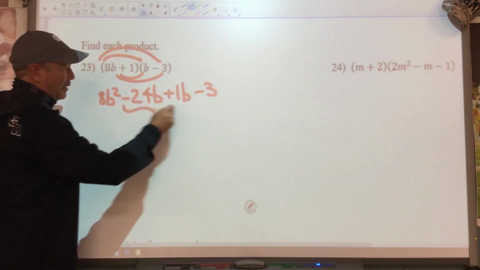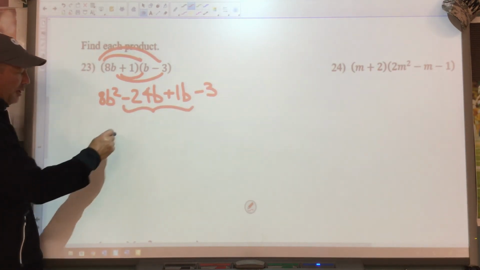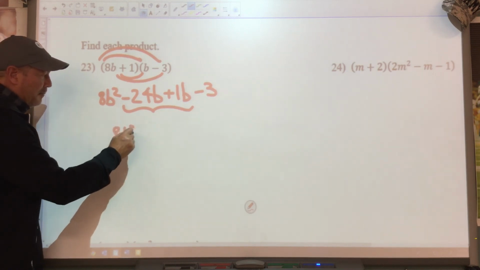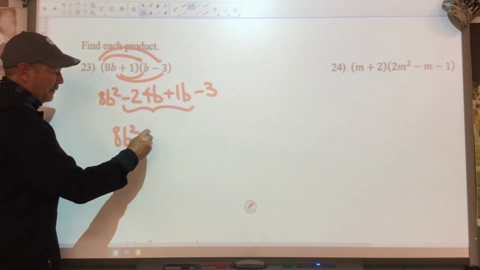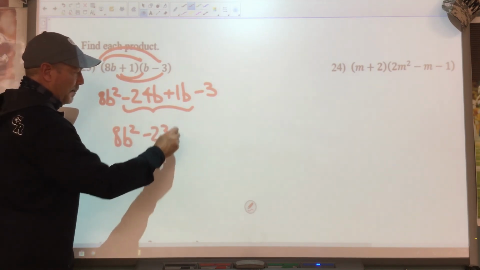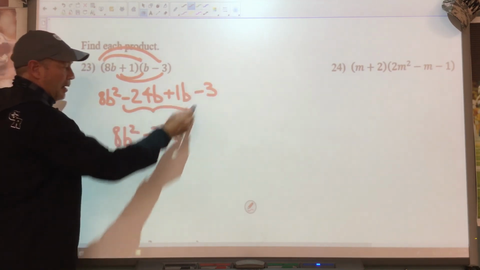We're going to combine like terms in the middle, and we're going to get 8b squared. A negative 24 plus 1 leaves us with a negative 23b, minus 3.